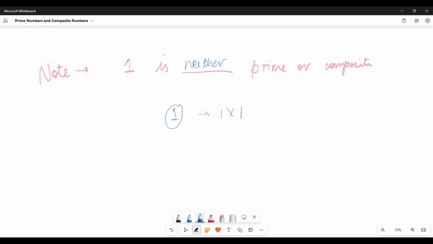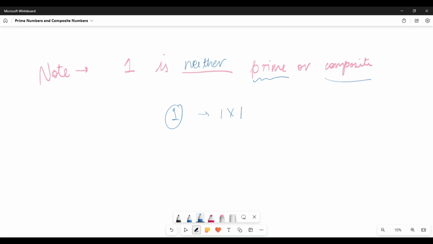So it has only one factor, and a prime number has the requirement of having two factors, which are 1 and the number itself, and a composite must have more than two factors. So what about 1? 1 is neither prime nor composite. It's because it has only one factor, which is itself, so it's not even considered as a factor. So that's why 1 is neither prime nor composite.